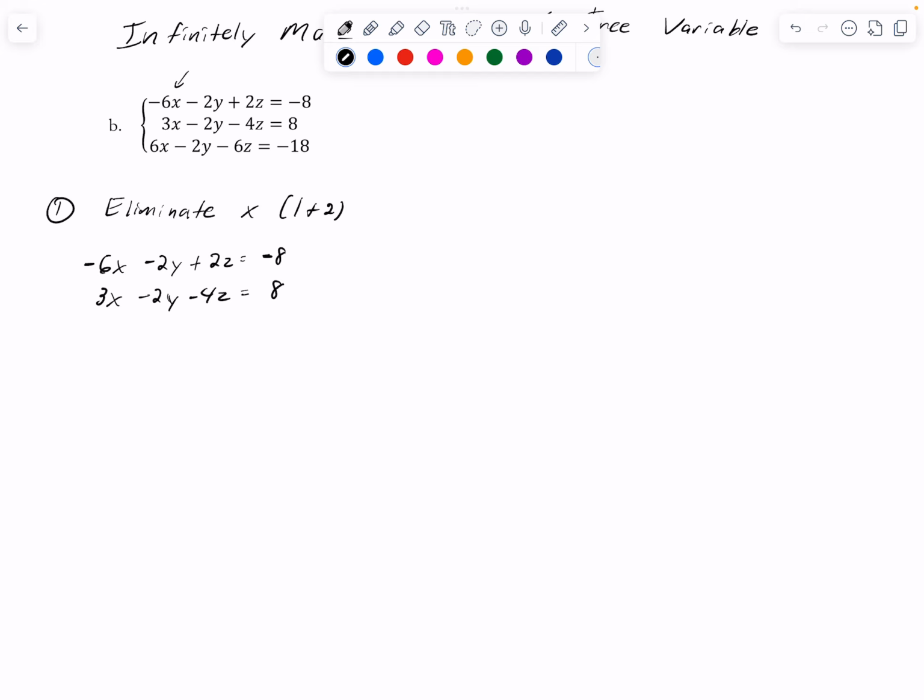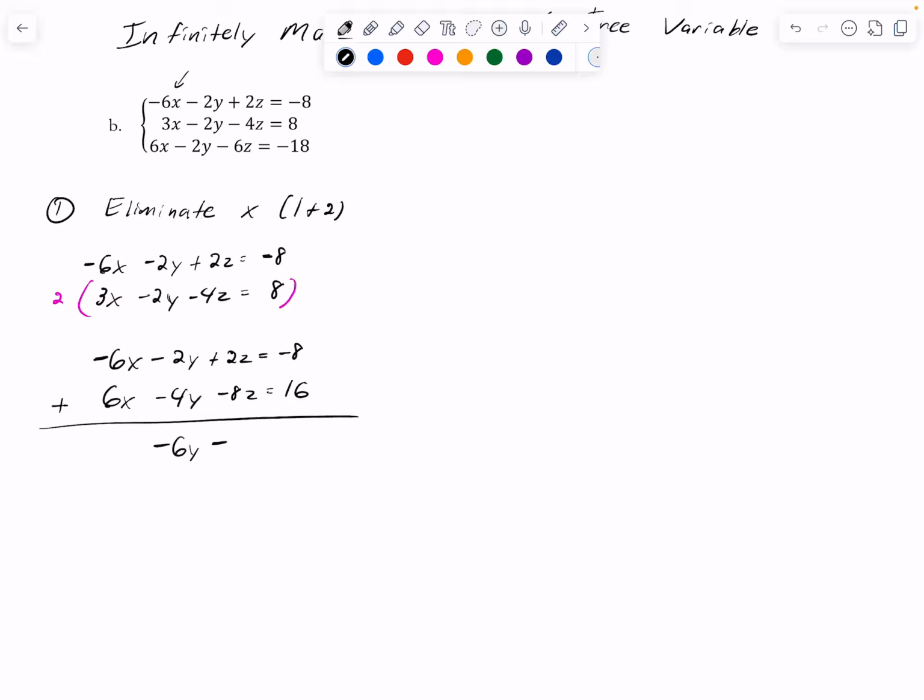I'm going to multiply this one by 2. So negative 6x minus 2y plus 2z equals negative 8. All of these get multiplied by 2. And I'm going to add, and I get negative 6y minus 6z equals positive 8.